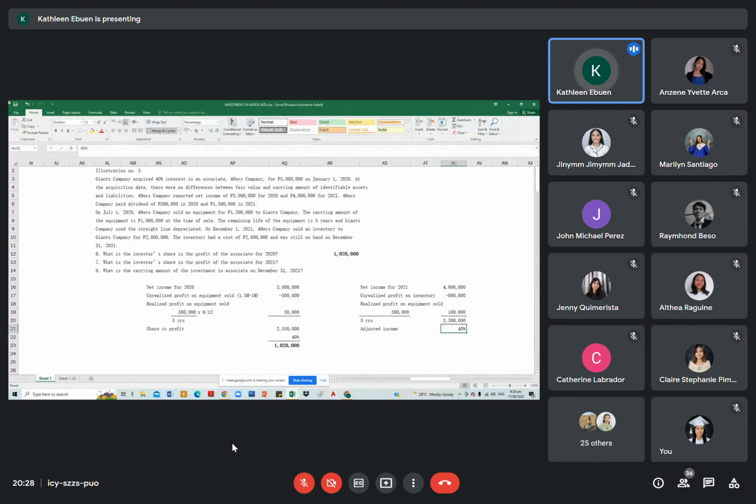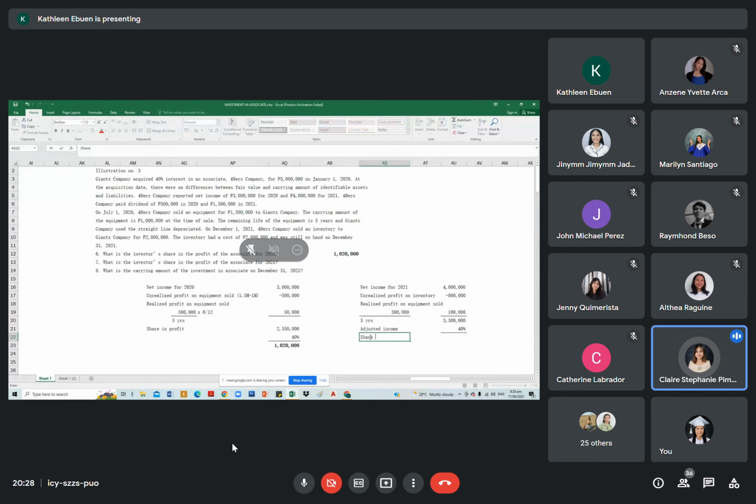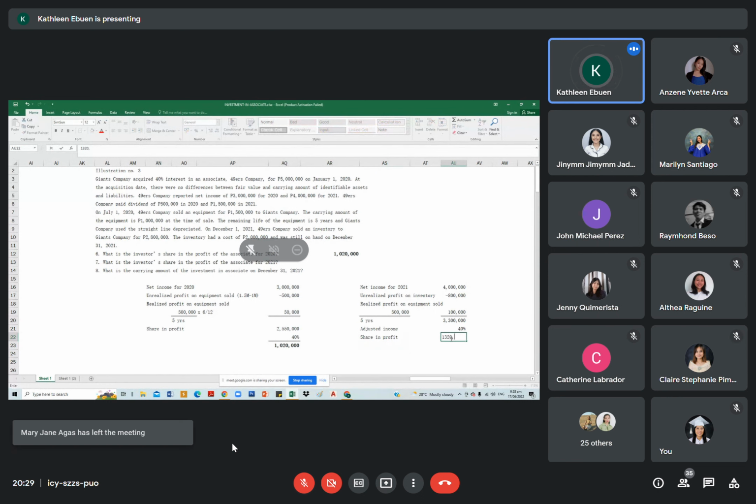Therefore, magkano ang share in profit in 2021? 1,320,000. 3,300,000 times 40%. Share in profit, 1,320,000.